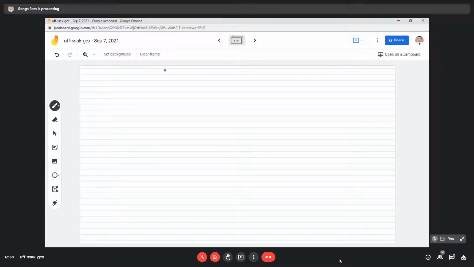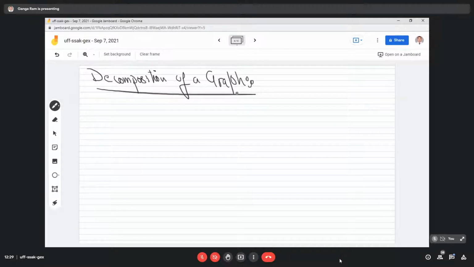Next, we are coming to the decomposition of a graph. Here, decompose means we can break a graph into two or more graphs.